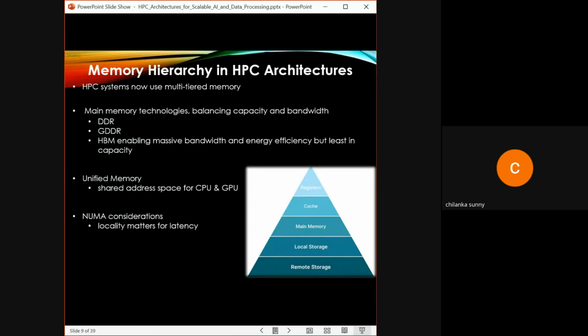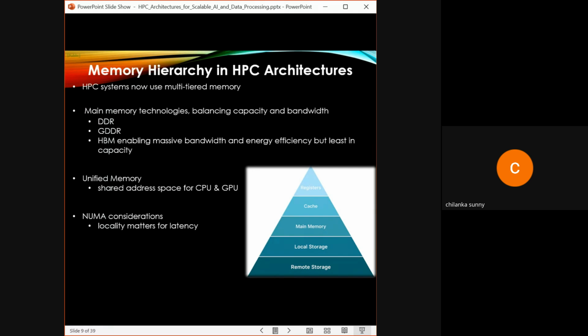They simplify programming by automatically managing the data movement between CPU and GPU memory because they share the address space. However, in non-uniform memory access systems or NUMA, with multiple CPU sockets, data placement is critical. If data is accessed from the wrong socket, it incurs very large latency penalties.